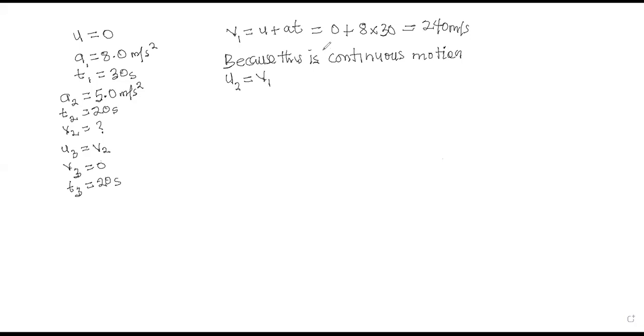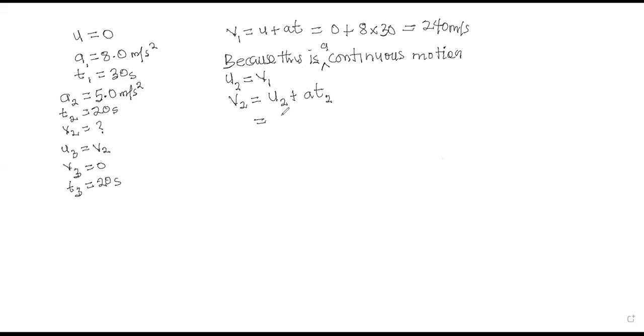The final velocity during the first part of the motion becomes the initial velocity during the second part. So V2 would be equal to U2 plus aT2.